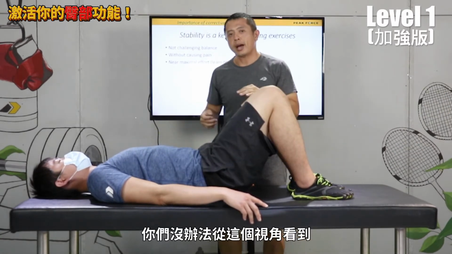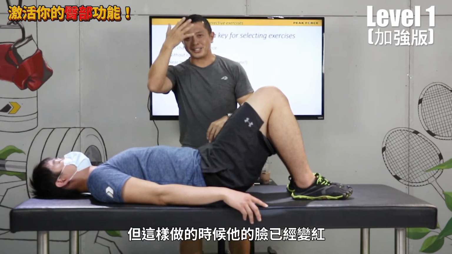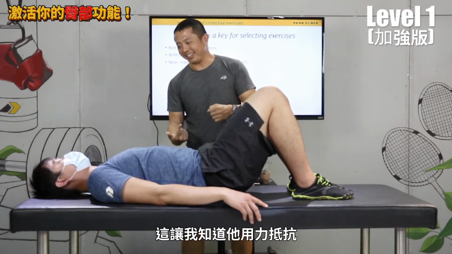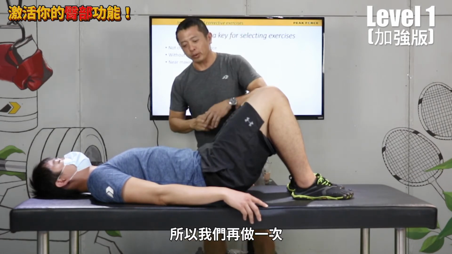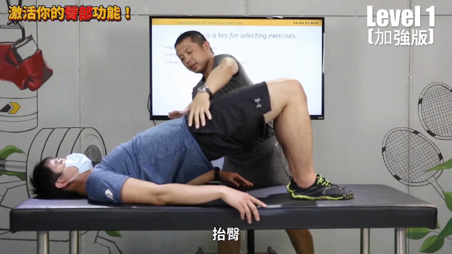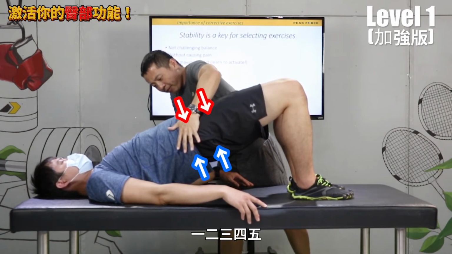Okay, so that way, you cannot see this from this view, but his face is red. It tells me that he's fighting to push back. Okay, so we'll do it one more time. So hip raise, ready, go. 1, 2, 3, 4, 5. Good.